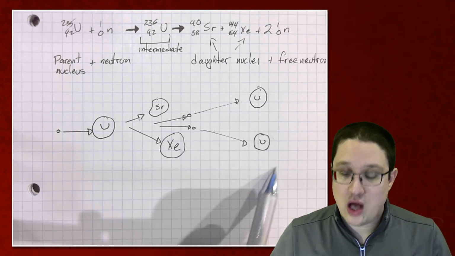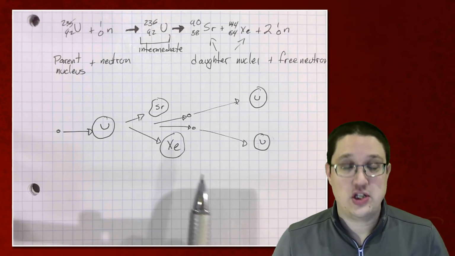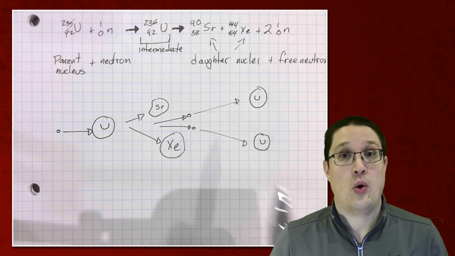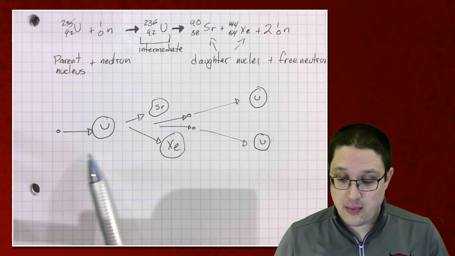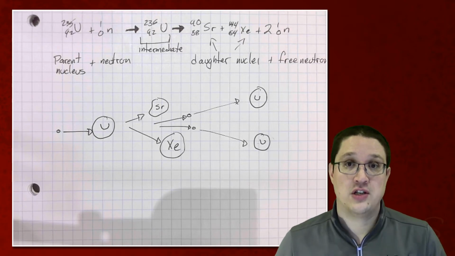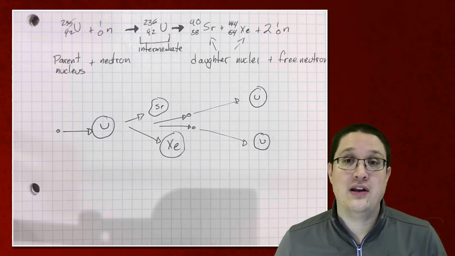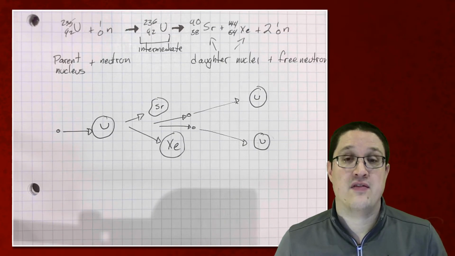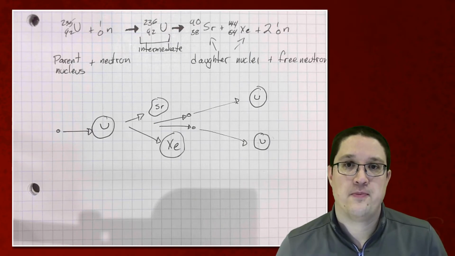If you do not limit these, if this is an uncontrolled chain reaction, every generation you double or triple the number of fissions that happen, and you end up with a very, very large number of reactions happening. Again, this is an exponential growth case. You end up with a very large number of reactions in a very short period of time, and all of that energy is released at once.